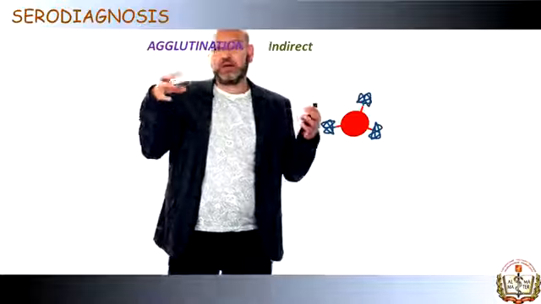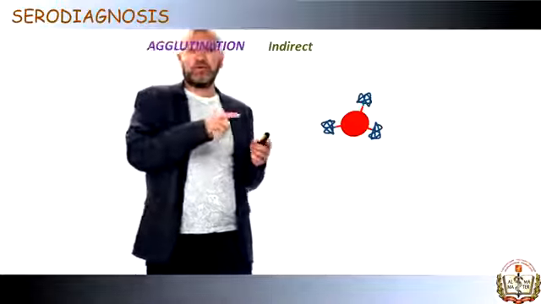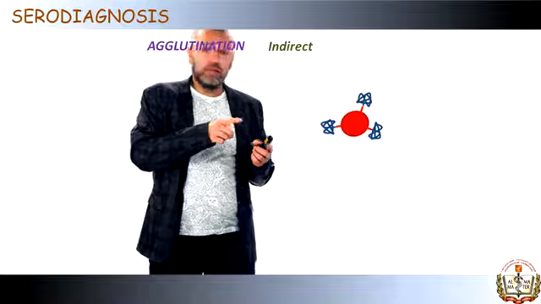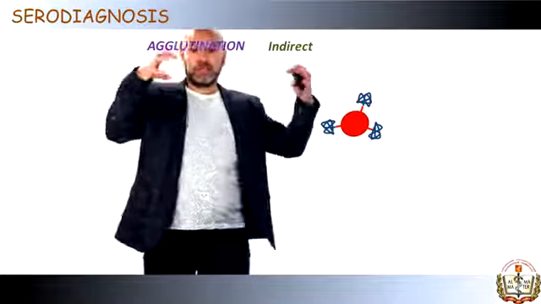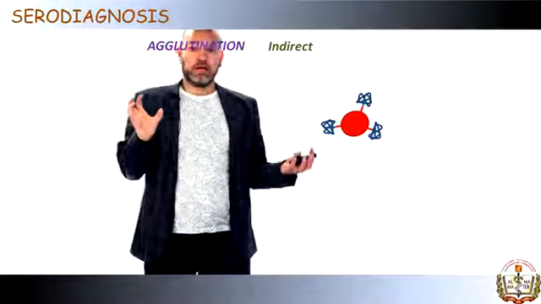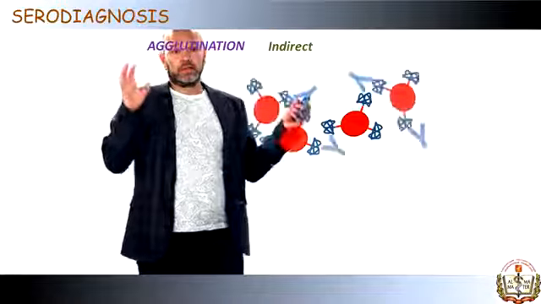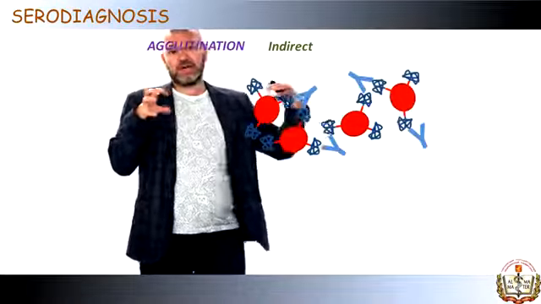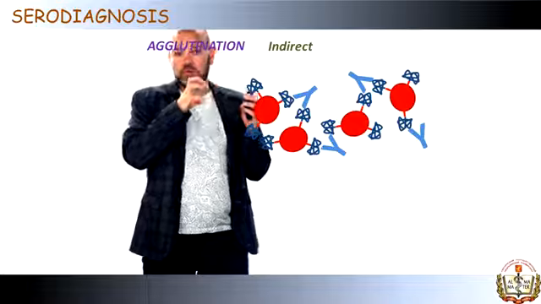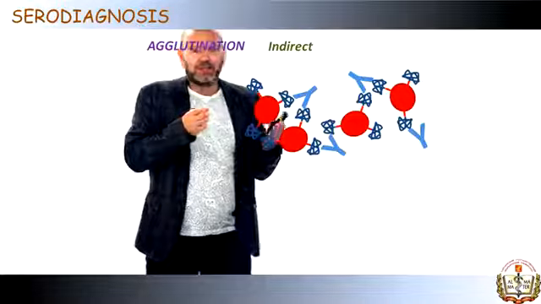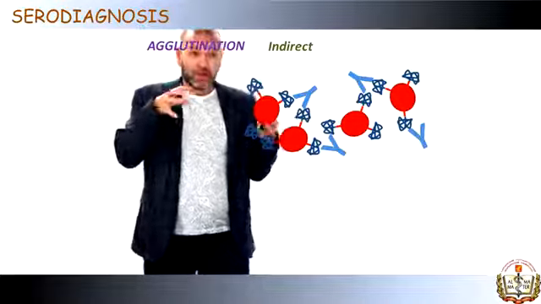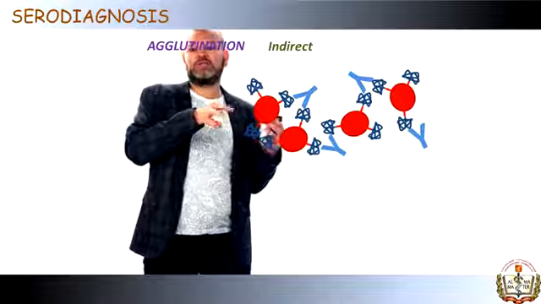Thus, we can absorb the required antigen on the surface of a red blood cell, for example, and when the red blood cell is covered with the required molecule, you will add antibodies. Antibodies will clump those molecules. They will not bind to the red blood cell, only to the molecule fixed on the surface.